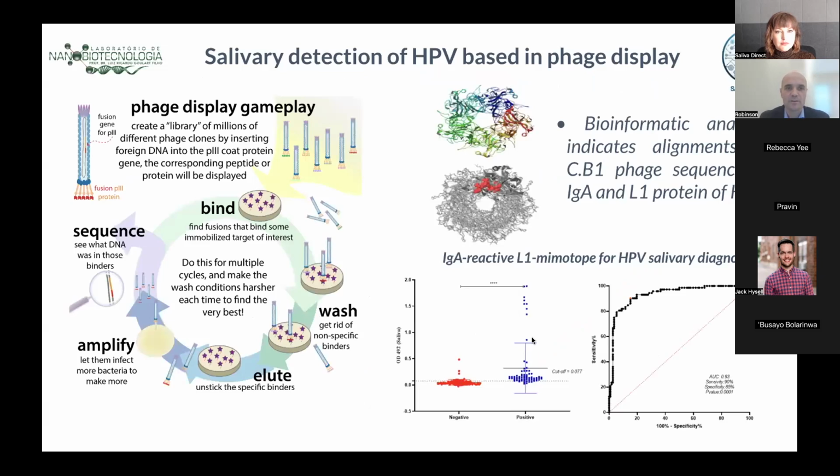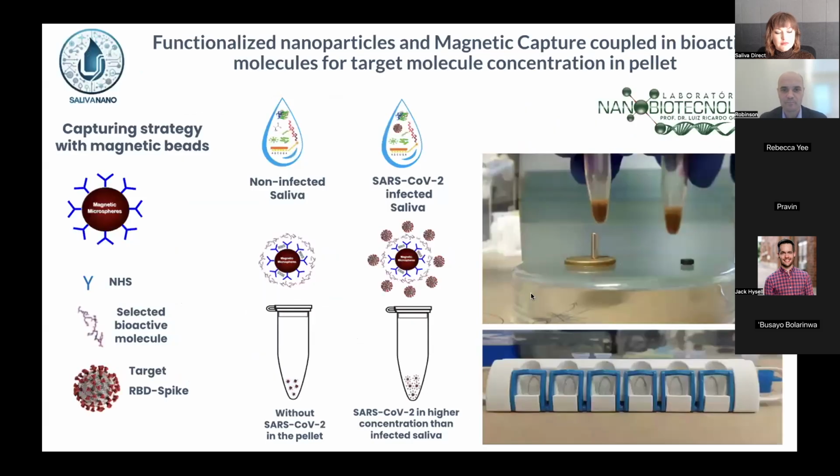Besides, another strategy that we have used is phage display technology. In that case, we tried to select some molecules to be used in the immunoglobulin A assay reactive to HPV for salivary diagnosis, and we obtained around 87% accuracy in these tests. Next one, please.